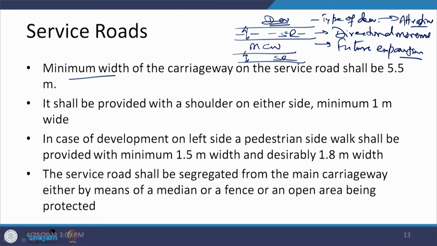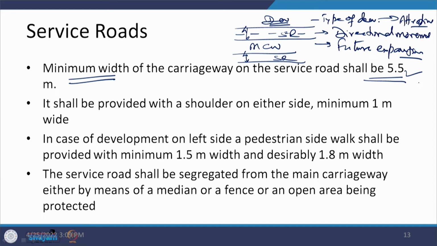So, the minimum width which can be there is not a single lane width, it is actually 5.5 meters, which is an intermediate lane width, which needs to be provided in any of the urban area. And as soon as you provide this 5.5 meters, it will be able to allow the traffic which is moving in two directions. But if it is only 3.5 or 3.75 meters, then it becomes a bit difficult.